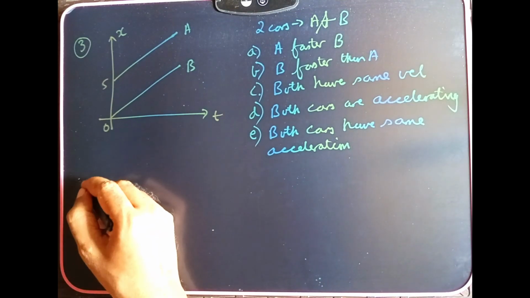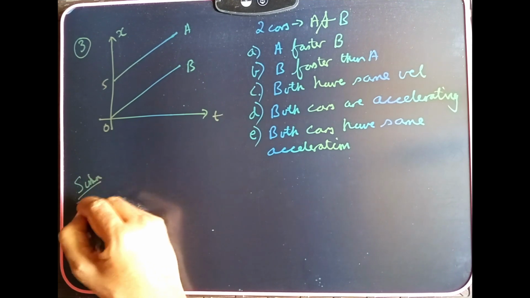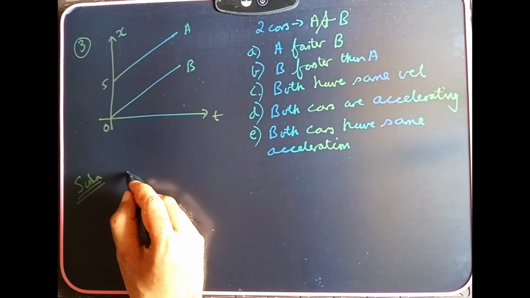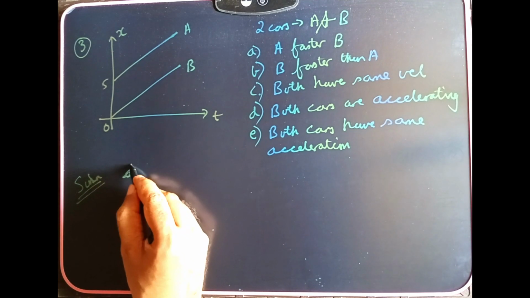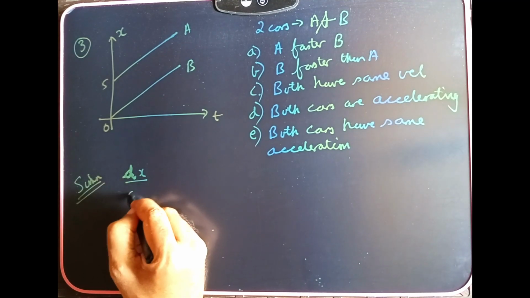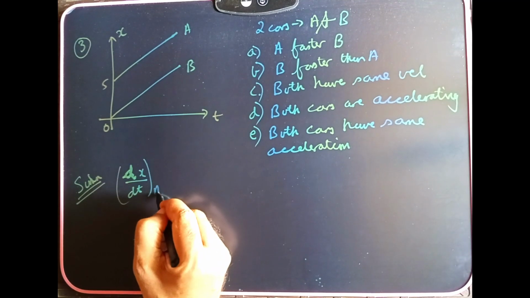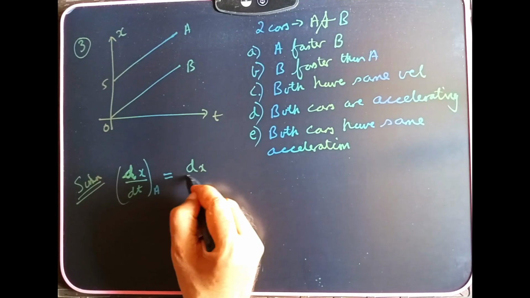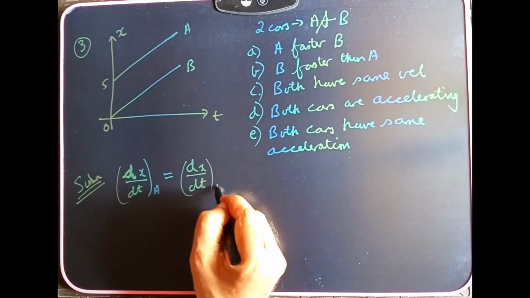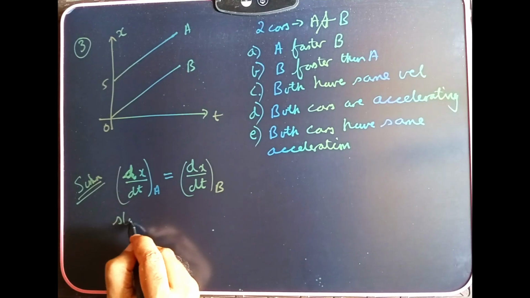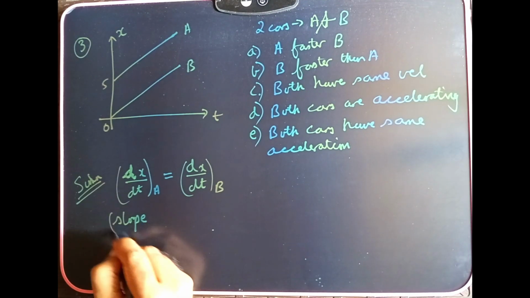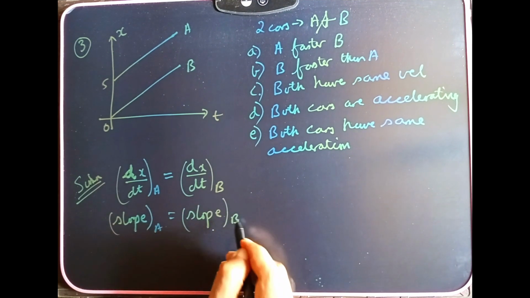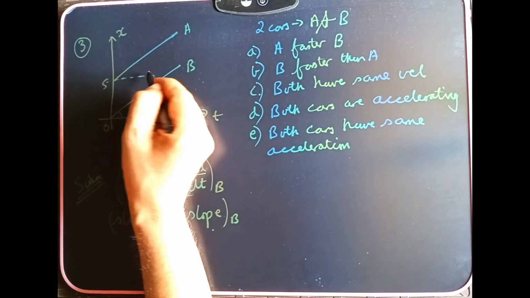So try to do it. We can see from this graph that A is parallel to B. That means the slope, dx by dt, of A is similar to the slope dx by dt of B. Slope of A is equal to slope of B. It is clearly visible that the angle made with the horizontal is the same.